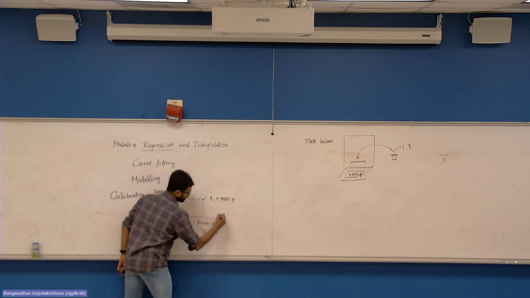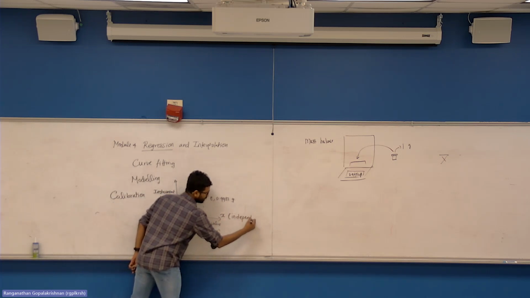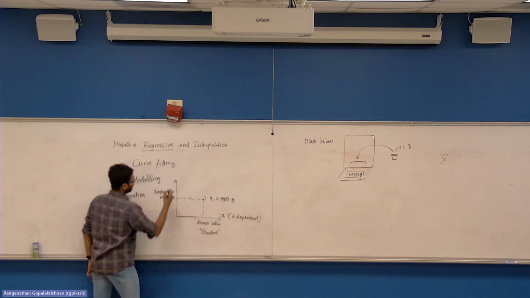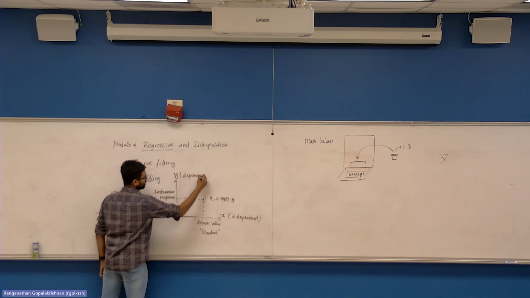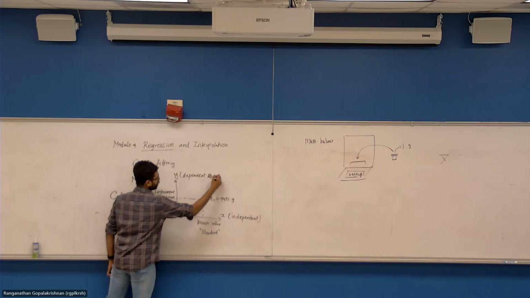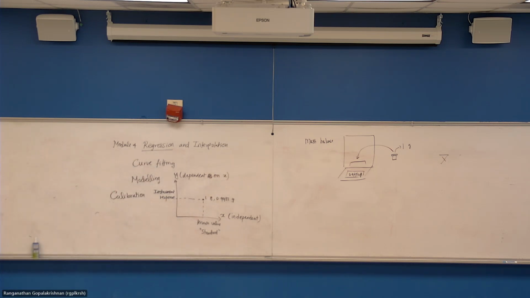We'll call this X, usually used to denote something which is independent. And we'll call this Y, usually used to denote something which is dependent on X.